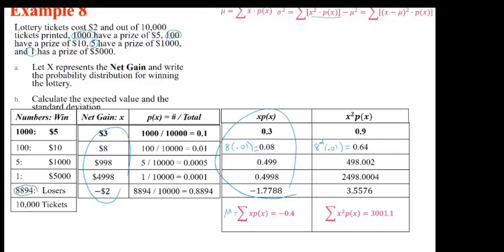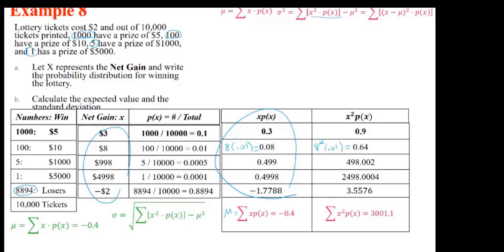And what we have here is the summation of x squared p of x. If you go to the top formula, you have to subtract mu squared from it and take a root to get to the standard deviation. So mu, or summation of x p of x, is -0.4. We use this formula and we take a root.